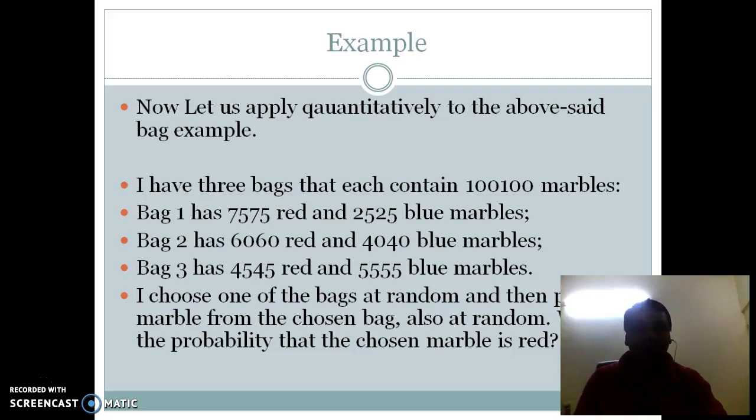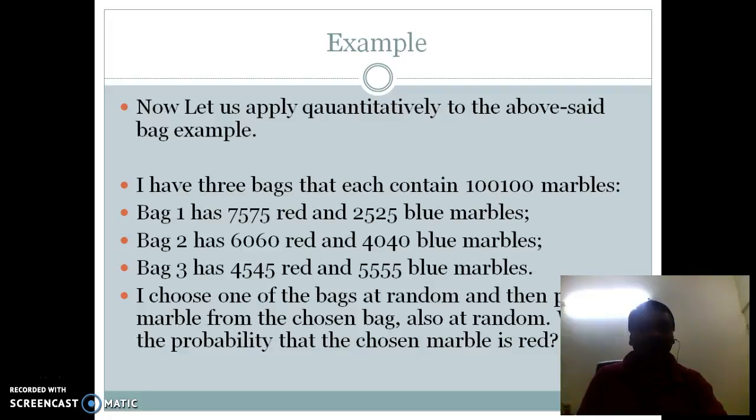Let's see an example. Now let's apply quantitatively this concept to the above bag example. I have 3 bags, each containing 100 marbles. Bag 1 has 75 red and 25 blue marbles.